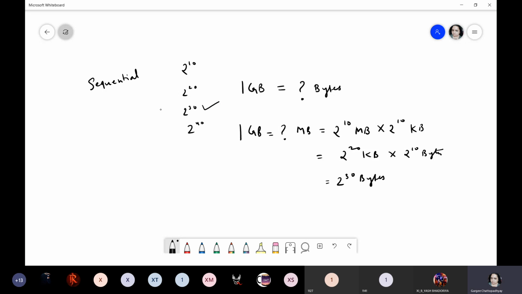Sequential device means if you have some records, 1, 2, 3, 4, 5, and so on, and you want to access the 4th record, you would have to traverse all the previous records, 1 also, 2 also, 3 also, and then you will reach the 4th record.